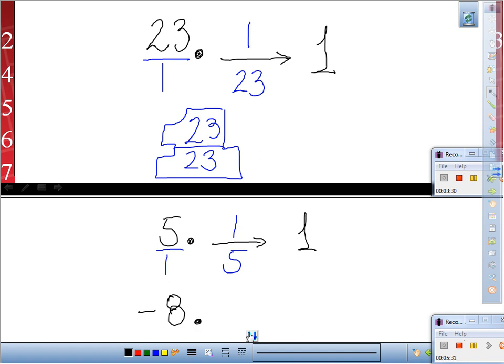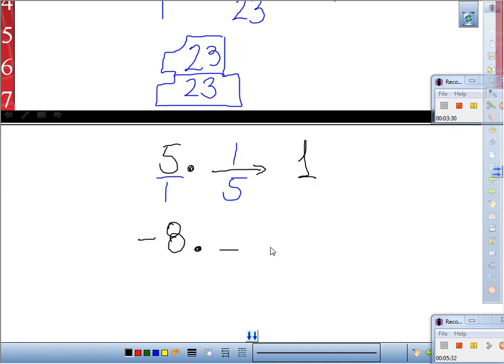Tell your neighbor the reciprocal of -8. That would give us a product of 1. Talk it over to your neighbor. Okay. Esmeralda, go. 1 over -8, because we can write this over 1.